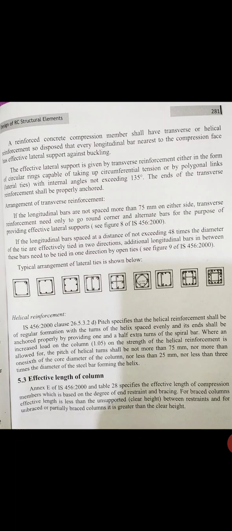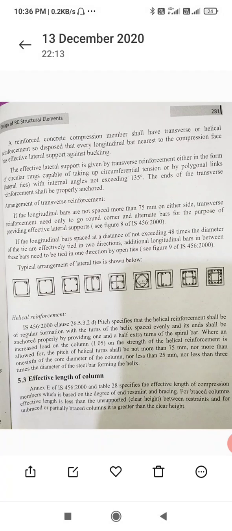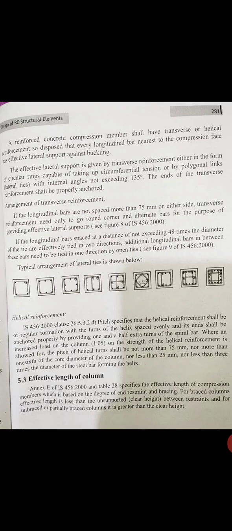If the longitudinal bars are spaced at a distance not exceeding 48 times the diameter of the tie, and are effectively tied in two directions, additional longitudinal bars in between these bars need to be tied in one direction only. Open ties are shown in figure number 9 of IS 456-2000. You can see in this slide a typical arrangement of lateral ties as shown in the diagram.